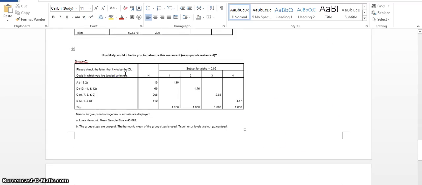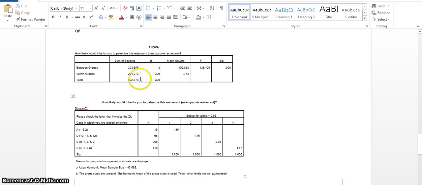For the last question, you also do a one-way ANOVA, which is the same as question 5. Again, look at the sig value. You always have to report the significance value. And then next, you would look at the zip code, which is coded by letter. See here? So A, B, C, D. This sig is not the same as the significance value in the ANOVA table.